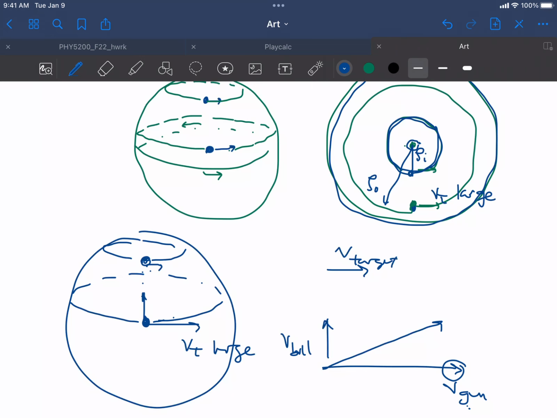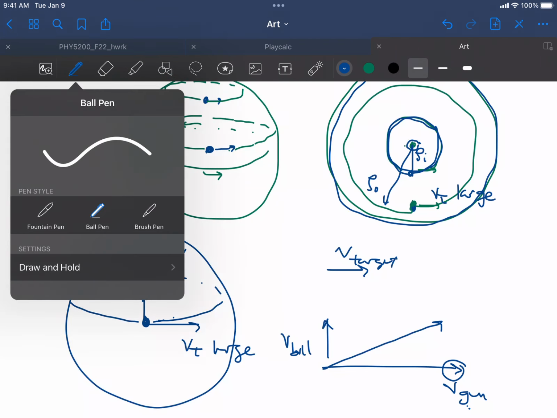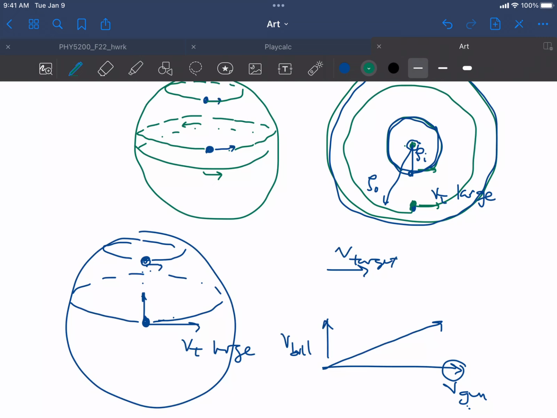I don't know exactly how to draw this picture, but the bullet is eastward of where the target had moved to, because the tangential velocity of the gun itself and the bullet before it was fired, at this location of the Earth, is much larger than the tangential velocity of the target.